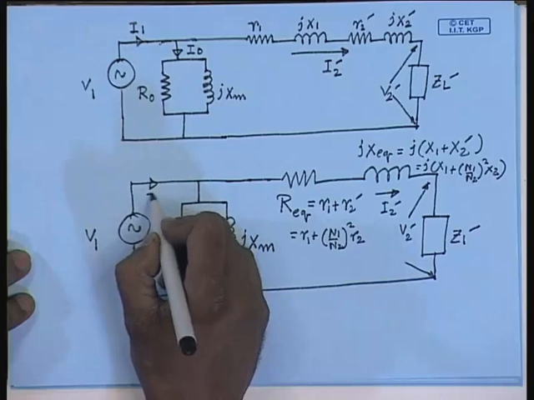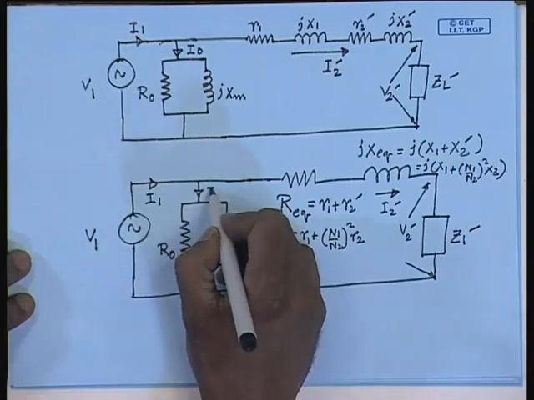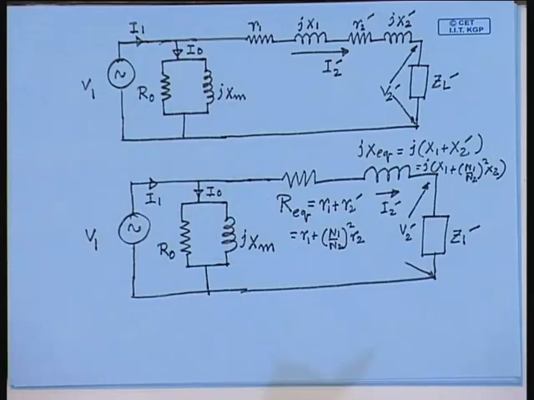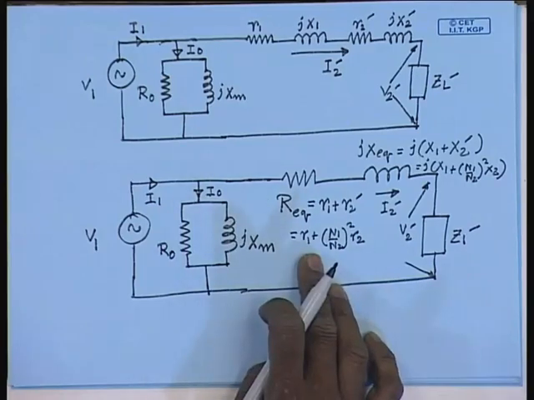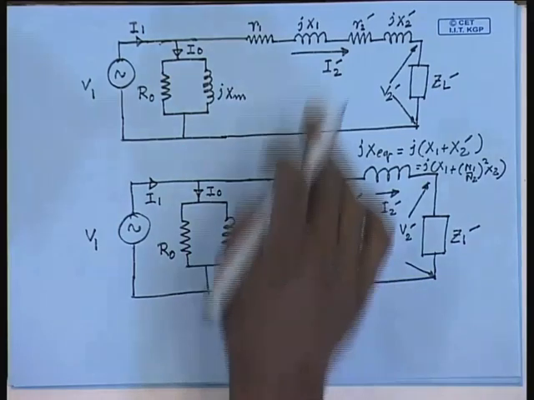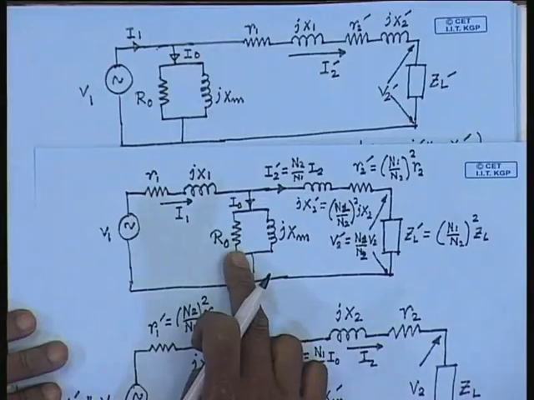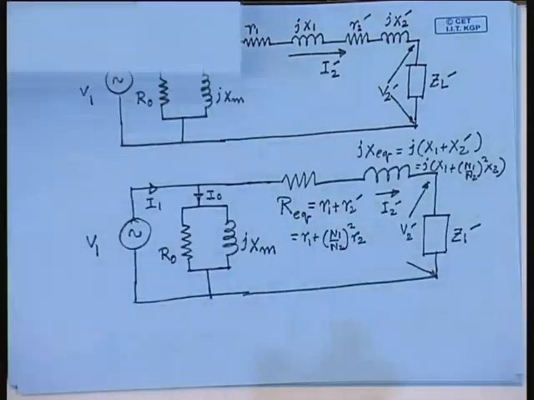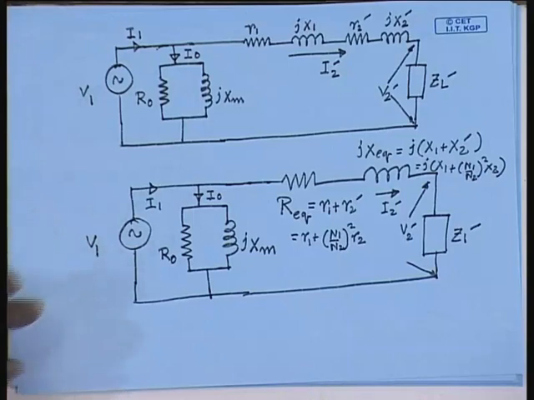The primary current is I1, the no load current is I0. Obviously, this approximate equivalent circuit is far simpler compared to the exact equivalent circuit that has been shown earlier. Now, how much error would we incur if we use the approximate equivalent circuit instead of the actual equivalent circuit? Let us try with the same problem.